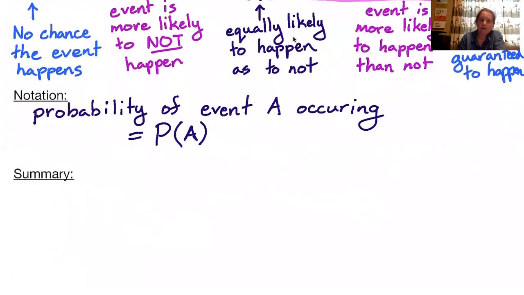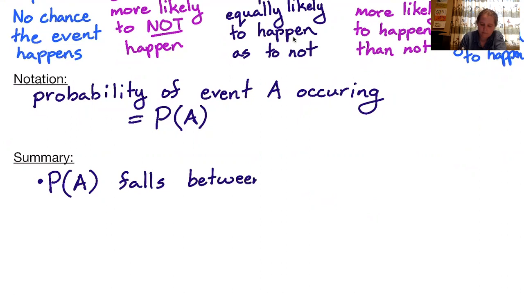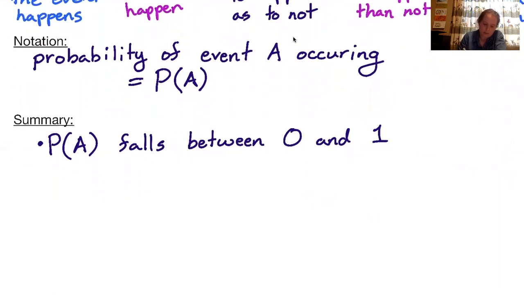Some quick summary. Probability of A falls between 0 and 1. Probability of A equaling 0 means that the event will never happen.